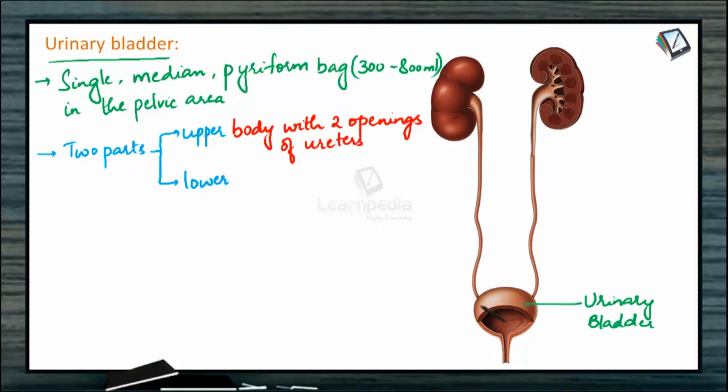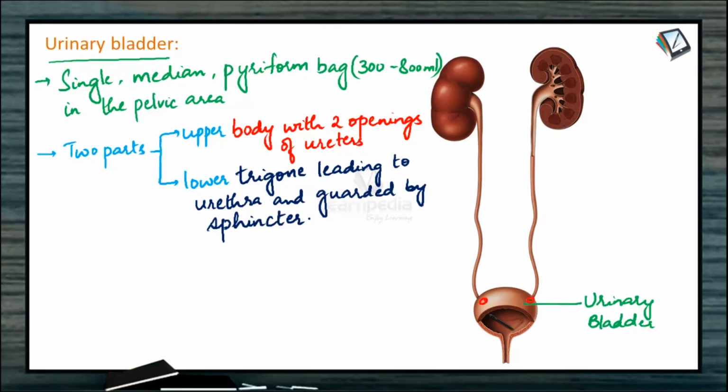So this is the upper part where the two openings of the ureters are inside the bladder, and the lower part is the trigone, leading to the urethra and guarded by a sphincter. This triangular region is the trigone. The lower part leads into the urethra, and here it is guarded by a sphincter.